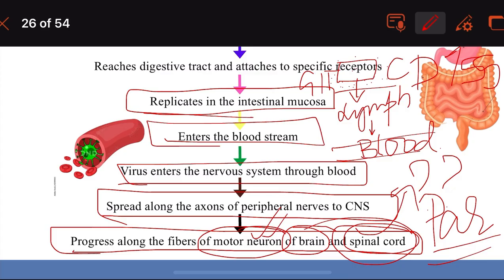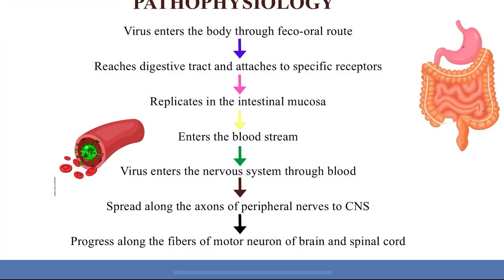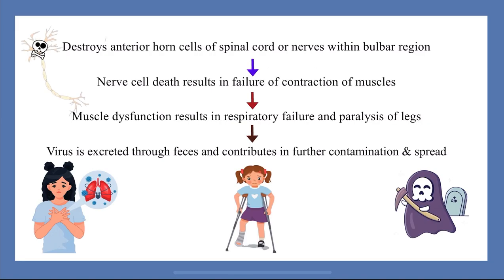Is it clear? Poliovirus is causing paralysis, not any sensory loss, not dementia. What is it causing? The poliovirus is going to cause paralysis. So obviously the motor neurons are going to be affected. We see the lower motor neurons, located in the anterior gray horn cells of the spinal cord. They are the ones which are affected.